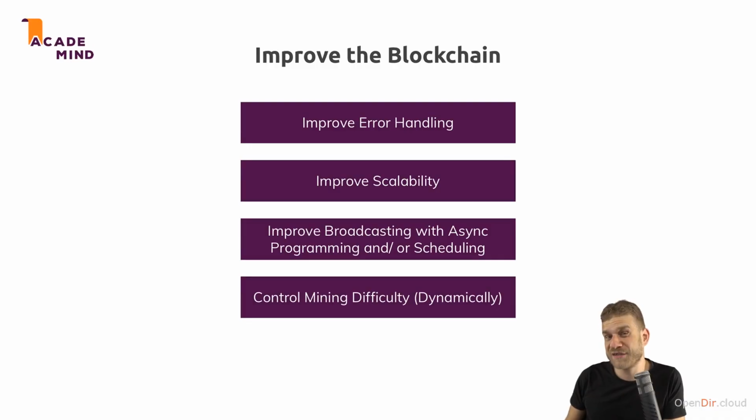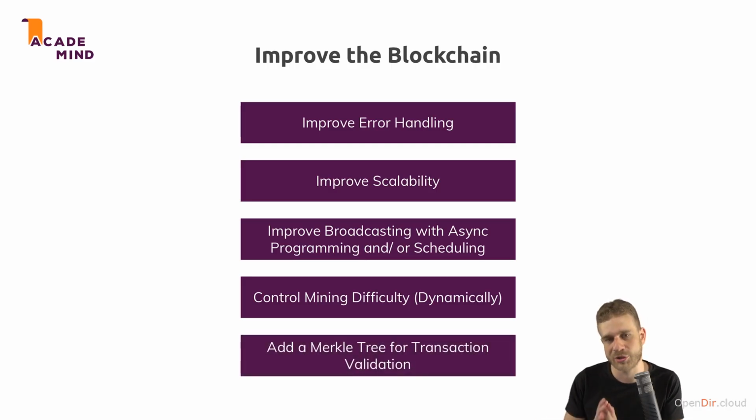And to add one last thing, not necessarily the last thing you can improve, but the last important thing I want to mention here, because you'll read it when you dive deeper into blockchains, is that for validating and analyzing transactions, you could look into using a Merkle tree. Right now, we verify all our transactions by going through all transactions in all blocks, and we verify each of them.